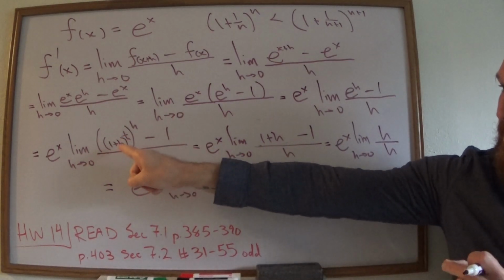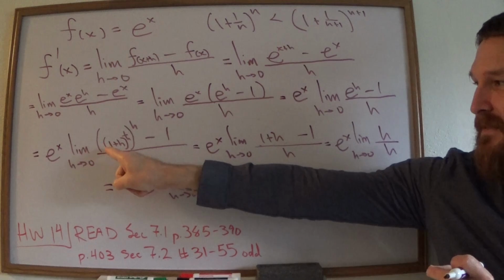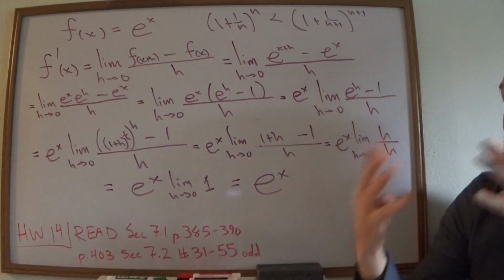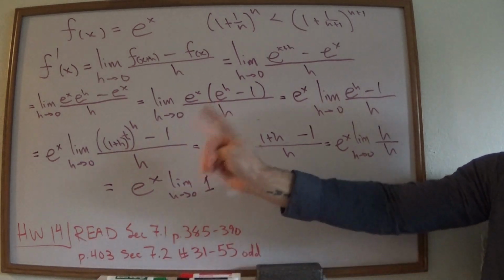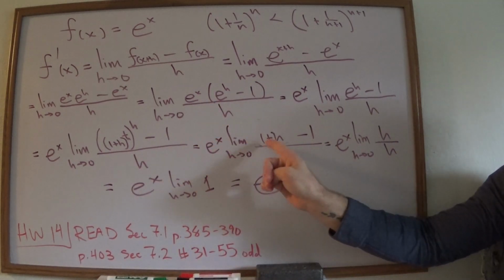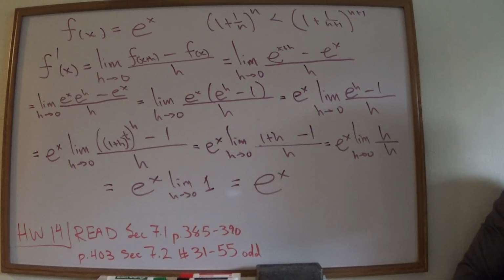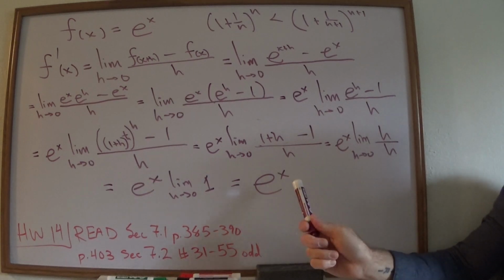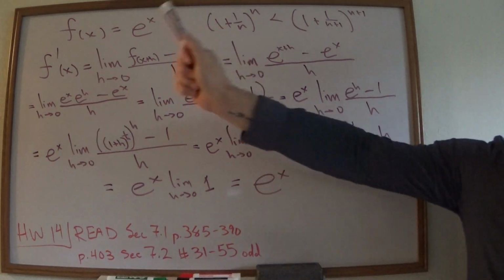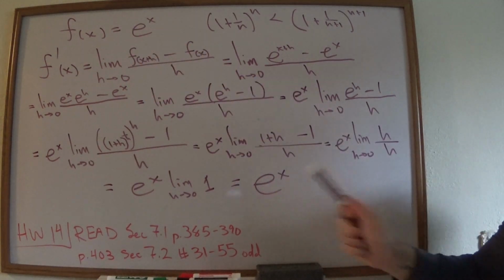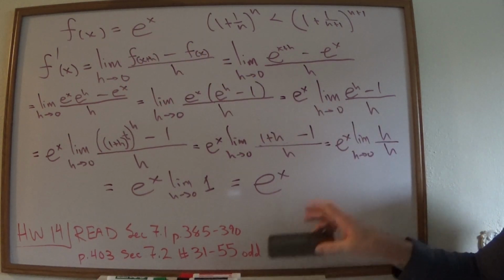But this interesting definition right here, the limit as h goes to 0 of that thing, is the thing which makes this right here work out to be exactly 1. In fact, you could define e to be the function which, when you take the derivative of it, it doesn't change. And that's what we've just found.